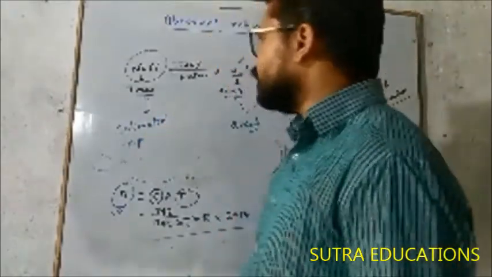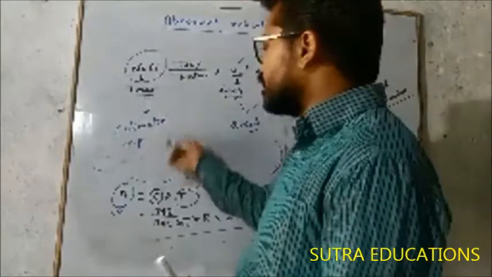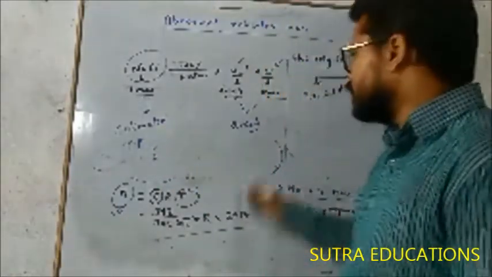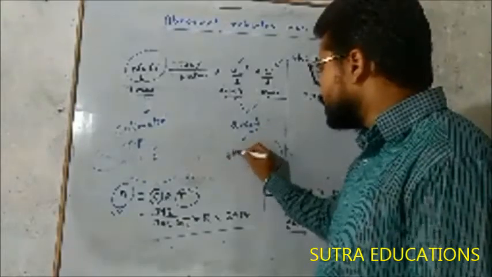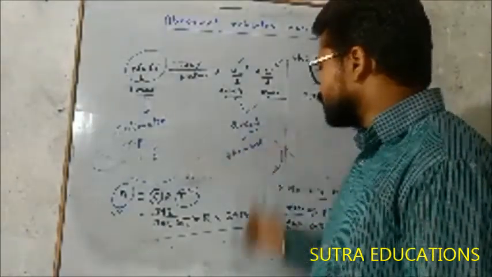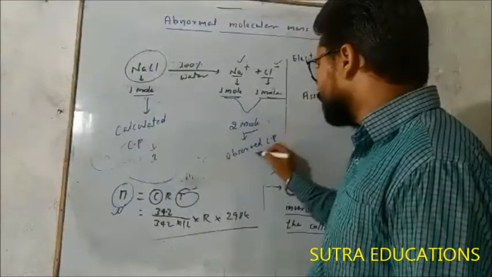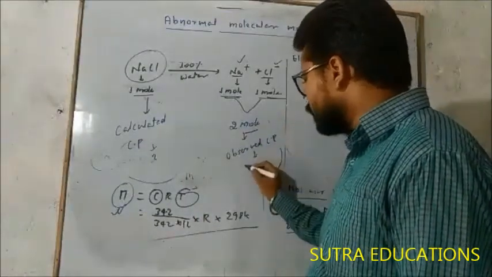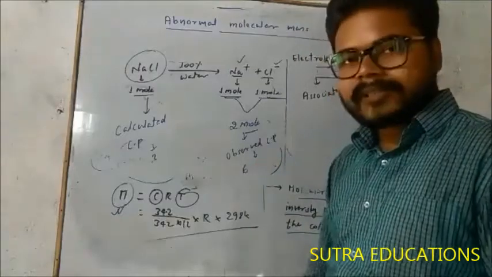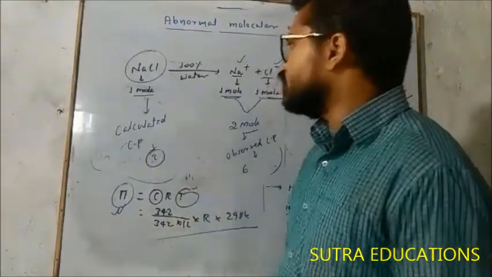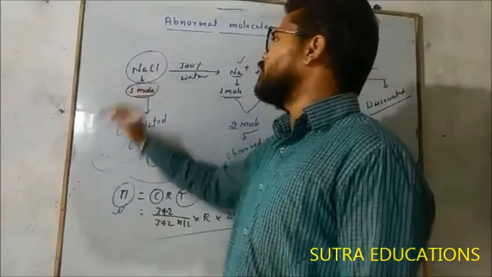Say in this case the value will be 3. Then the experimentally obtained observed colligative property will be equal to 6. Why? This value came equal to 3 because only 1 mole of NaCl was considered.